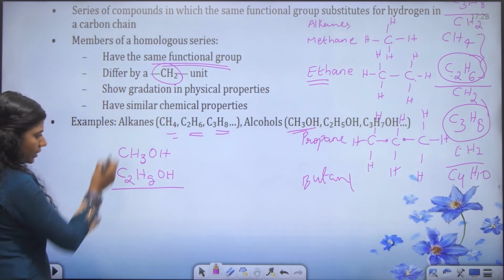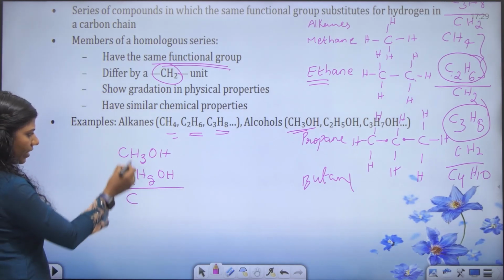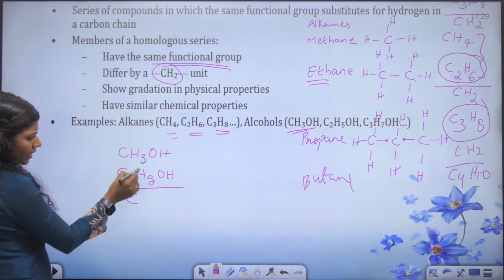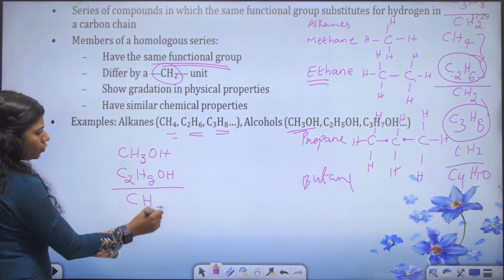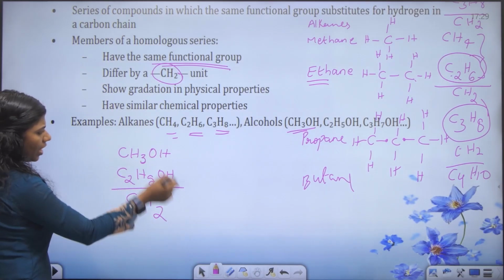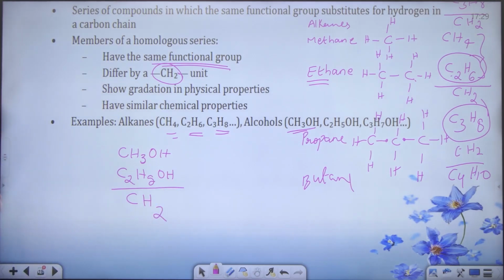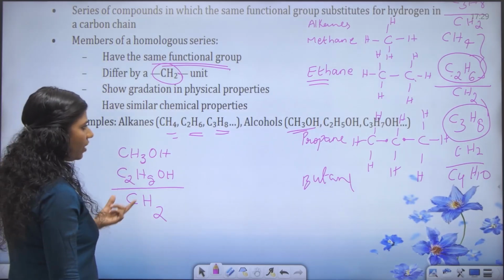See the difference? The carbon difference is only one. How many hydrogen atoms differ? Two hydrogen atoms. Oxygen difference 0, and the total difference is CH2. They differ by a CH2 unit. Methanol and ethanol.